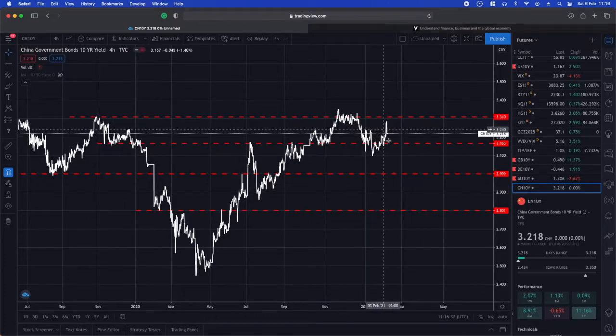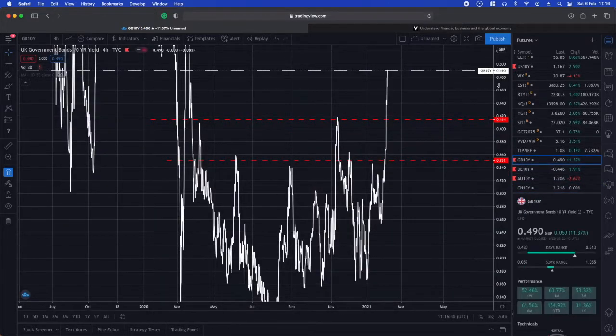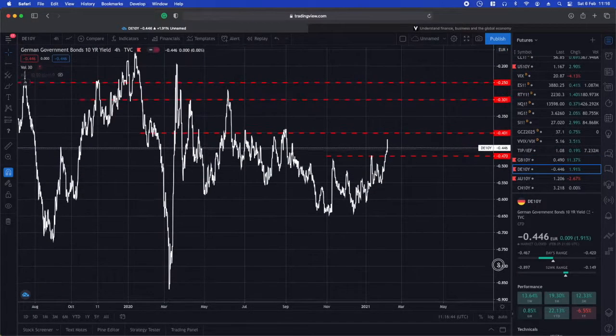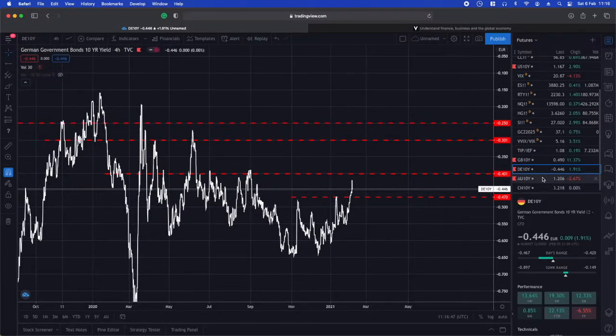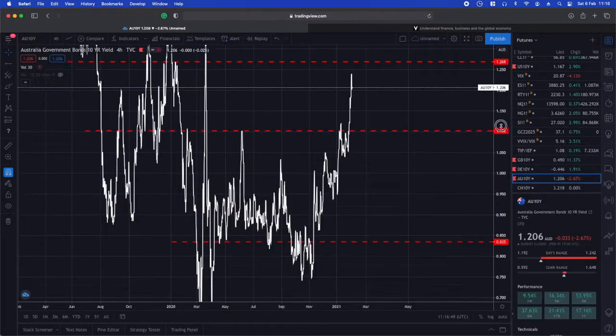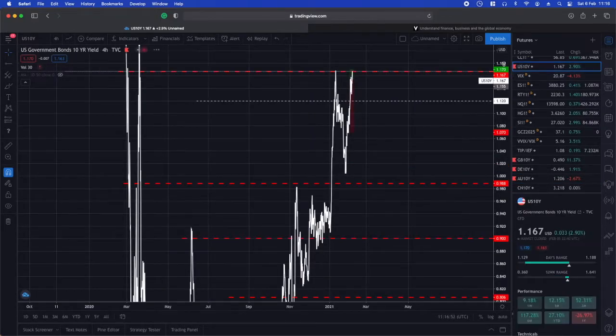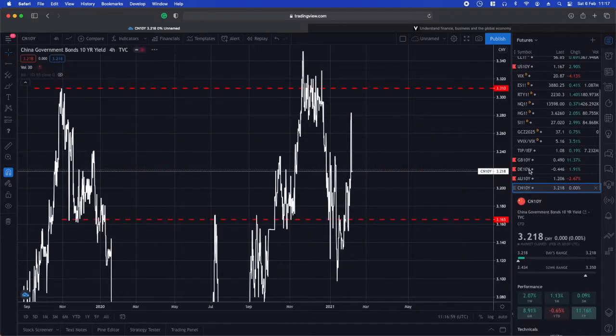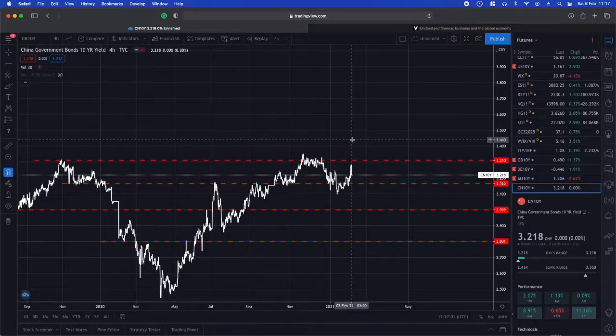It was just really interesting that everywhere else seems to be poking their head above these points, whether it's UK, Germany, Australia, obviously the US, but are all making higher highs and higher lows, whereas China appears, at least just today, what's that, 4th, yeah, possibly making a lower high in Chinese 10-year yields. I don't know, we'll see.